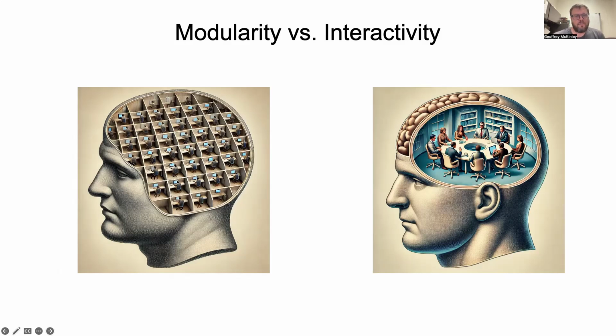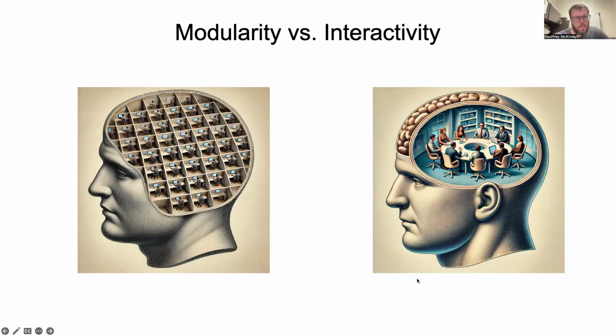So this is a ChatGPT rendering of modularity versus interactivity, at least based on the prompts that I gave it. I think it's pretty good. And of course, it's not meant to be taken literally. There's not literally little people in the mind, but the people are meant to represent processes or units, so it's for illustrative purposes.